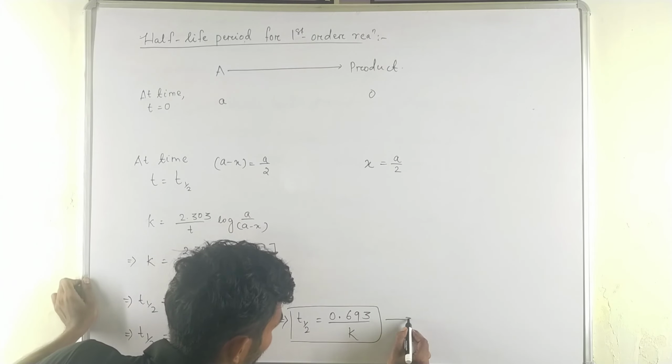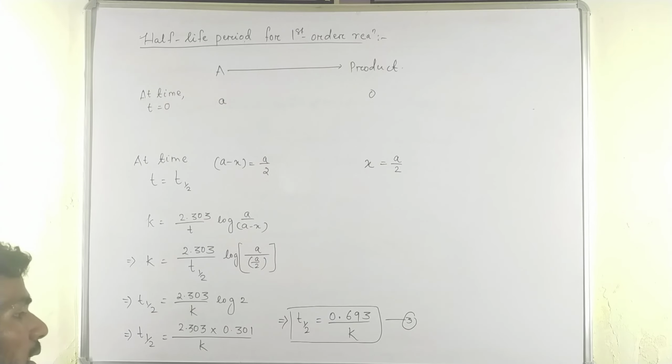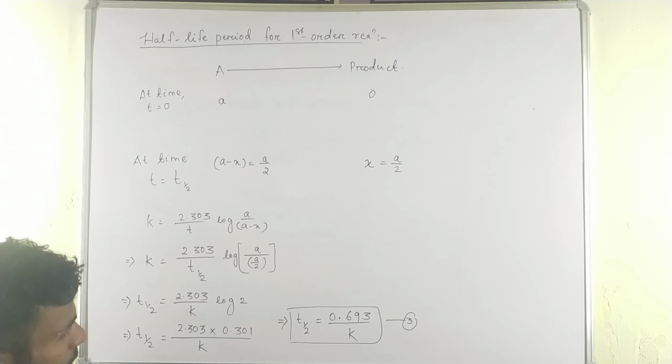This is equation 3. Here equation 3 represents the half-life period for a first order reaction. Here t half is the half-life period and k is the rate constant, velocity constant or specific reaction rate.